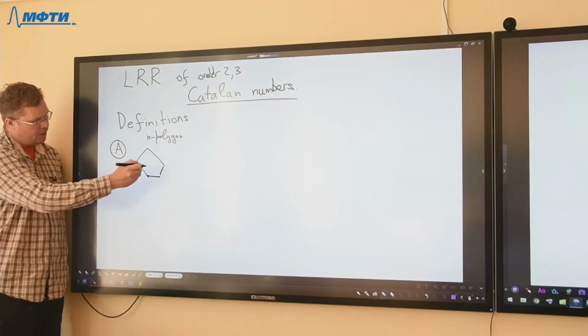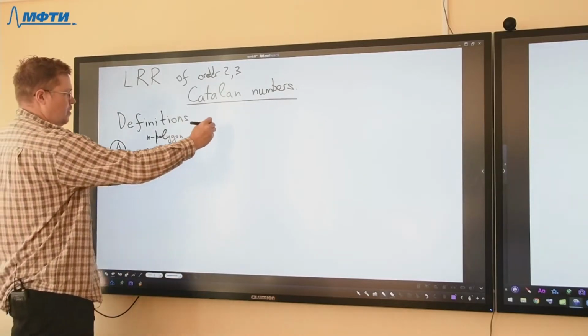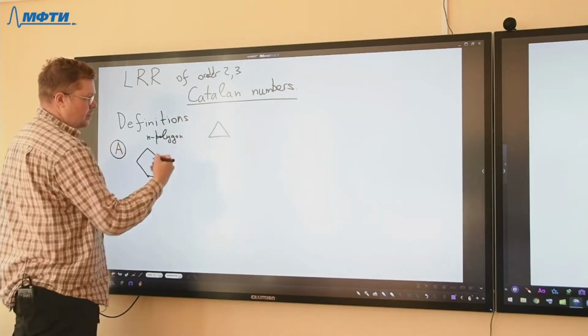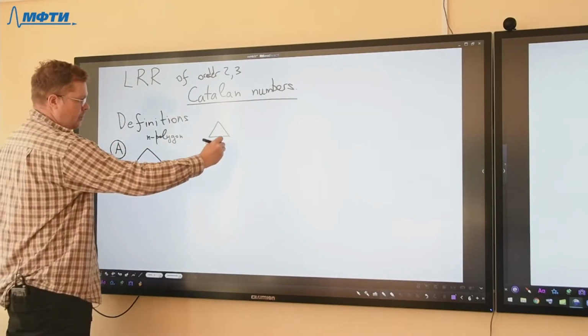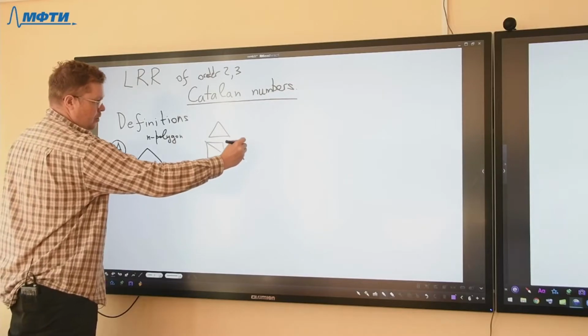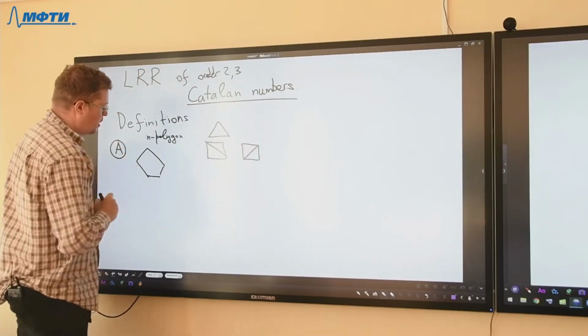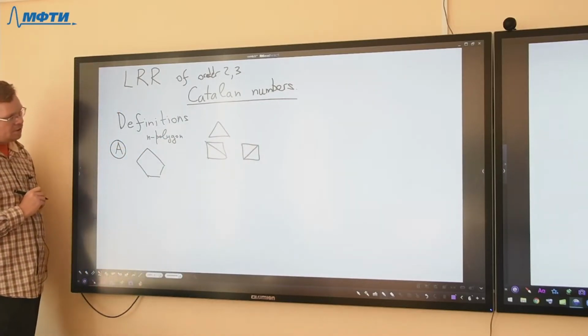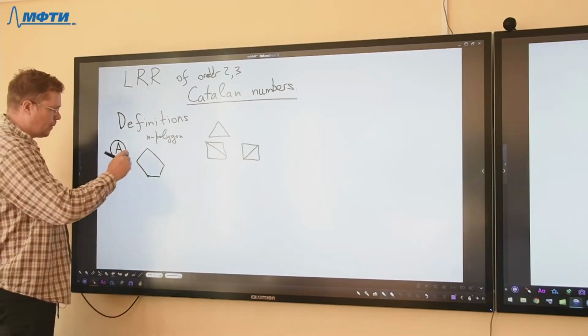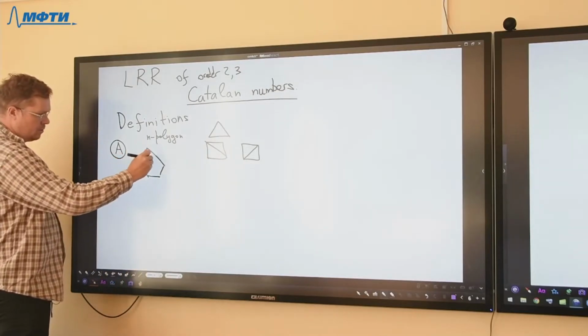So for example, if I have a triangle, then there is a unique triangulation. If I have a square, I will have two different triangulations.